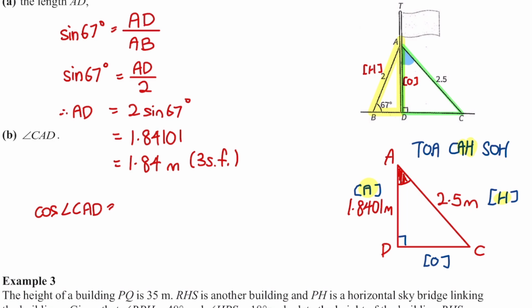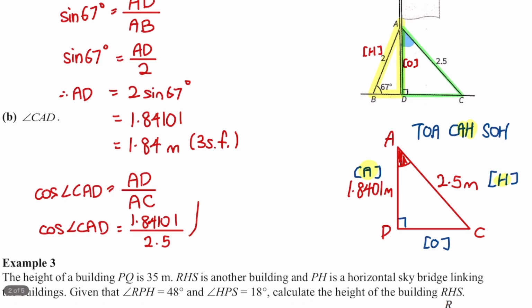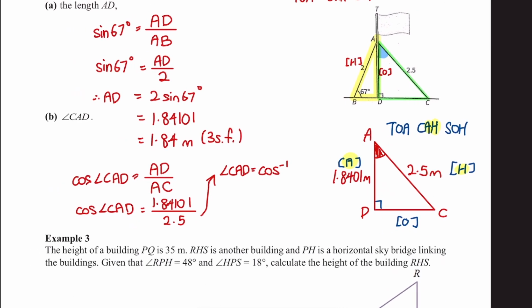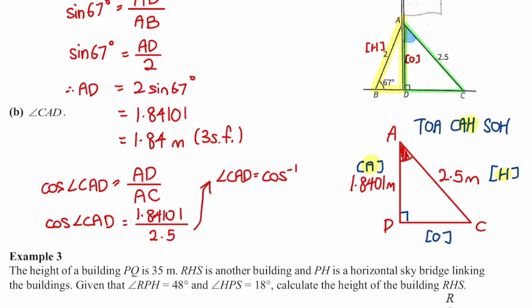So this is AD over AC. Therefore cosine of angle CAD is equal to 1.84101 divided by 2.5. So angle CAD is equal to cosine inverse. Let me shift this triangle. Cosine inverse of, let me make this triangle smaller.